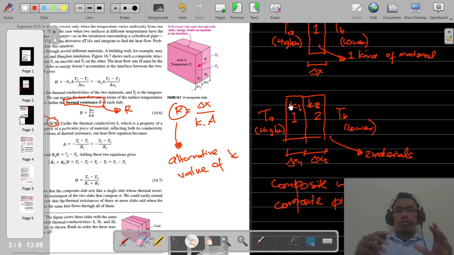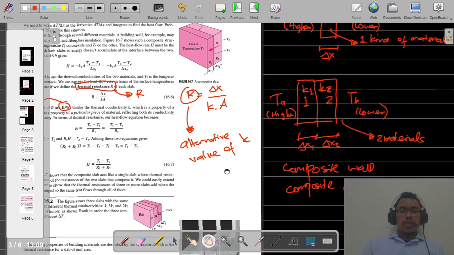We have one material and then two materials, and we want to make these two materials become one material. Then we change the K into the R.